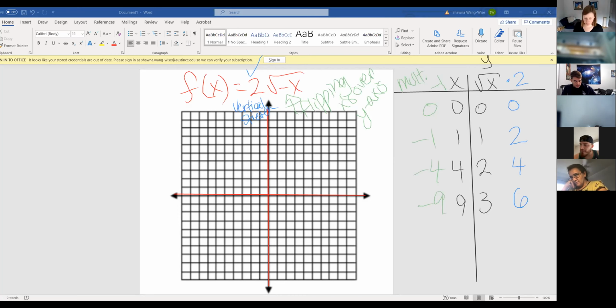So we're just going to throw our points on the graph now. 0, 0, right there. That's my first one. My second one is -1, 2. My third one is -4, 4. Teacher, I choose -2 and find 2.83 because I just choose 0, -1, -2.